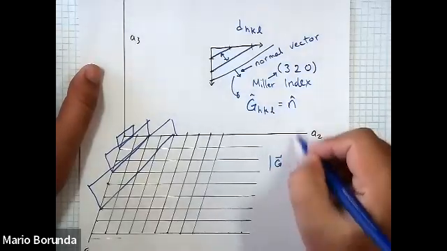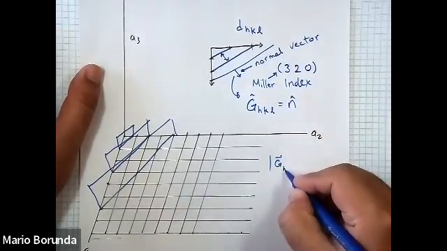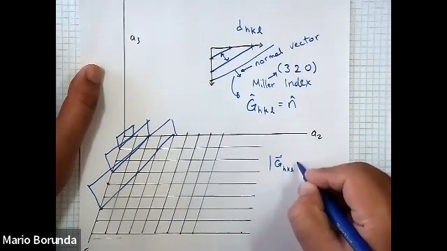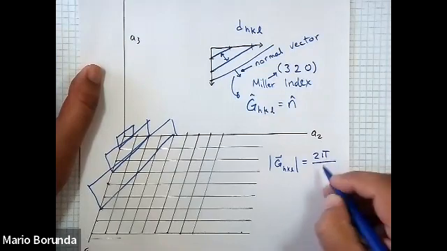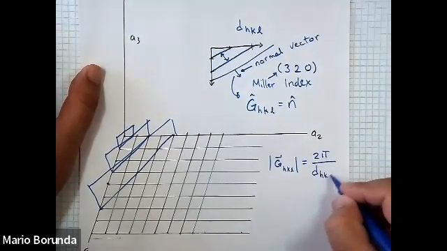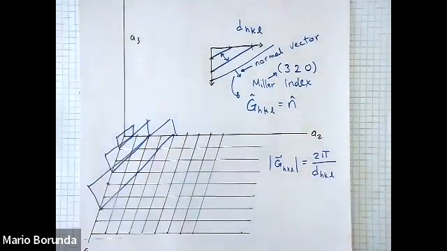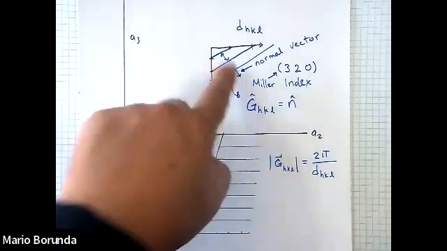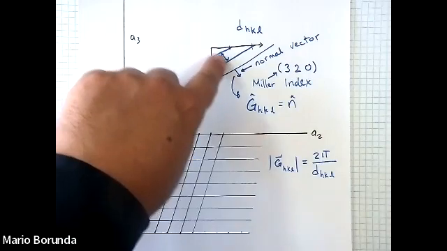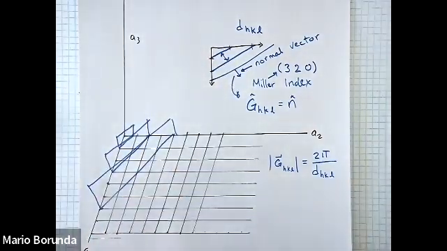That's why it has a little hat right here. But then if you look at the real vector, not the direction only, this one is going to be given by 2 pi over that distance, d_HKL, that we talked about. The magnitude of this vector is the inverse of the distance between those two planes with the 2 pi factor in there. Does that make sense?